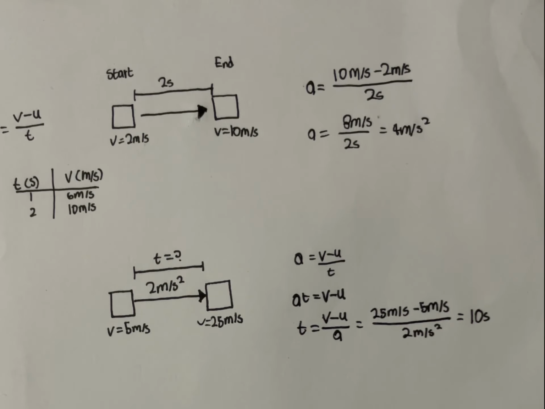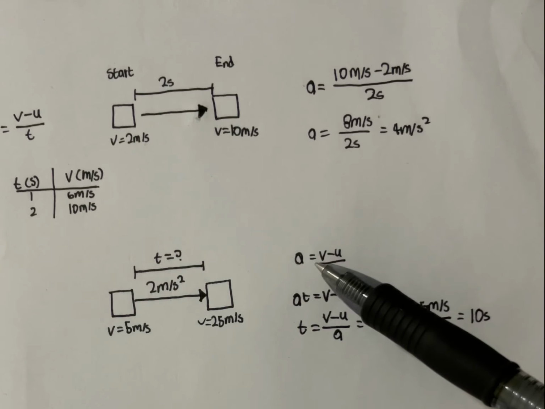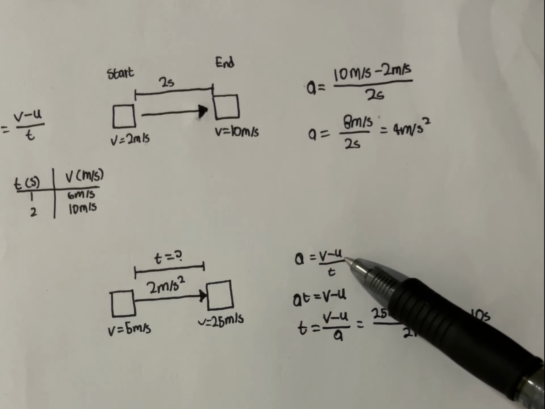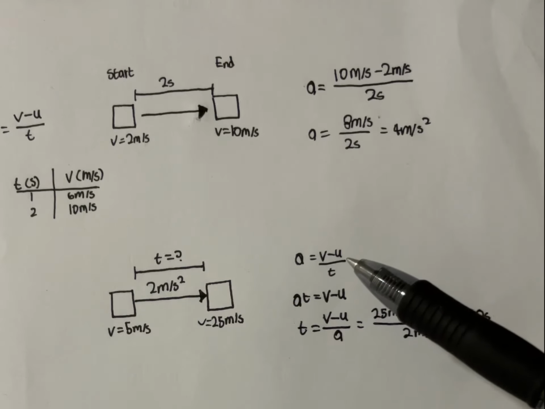Now, just one thing to know about, for the more sharp of you guys, the people who have a better eye: you will realize that acceleration is the final velocity minus the initial velocity over the time, right?